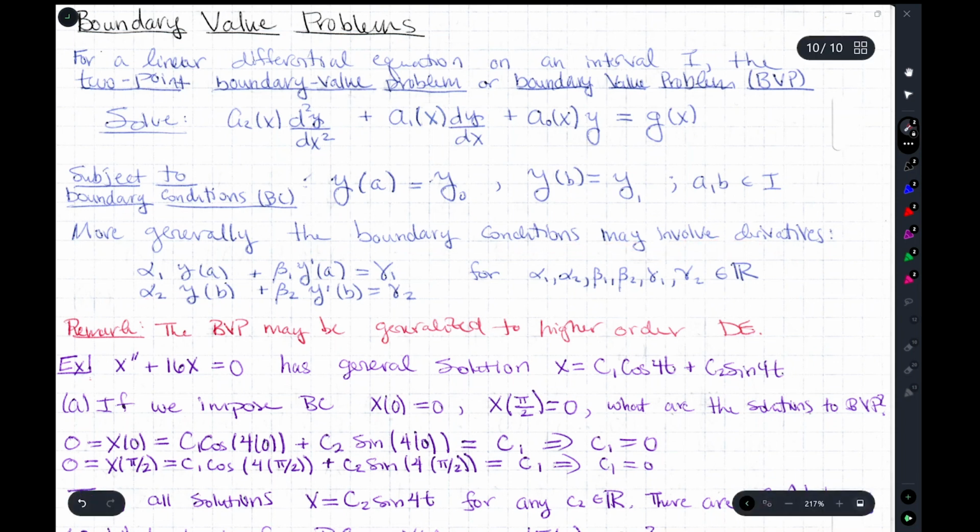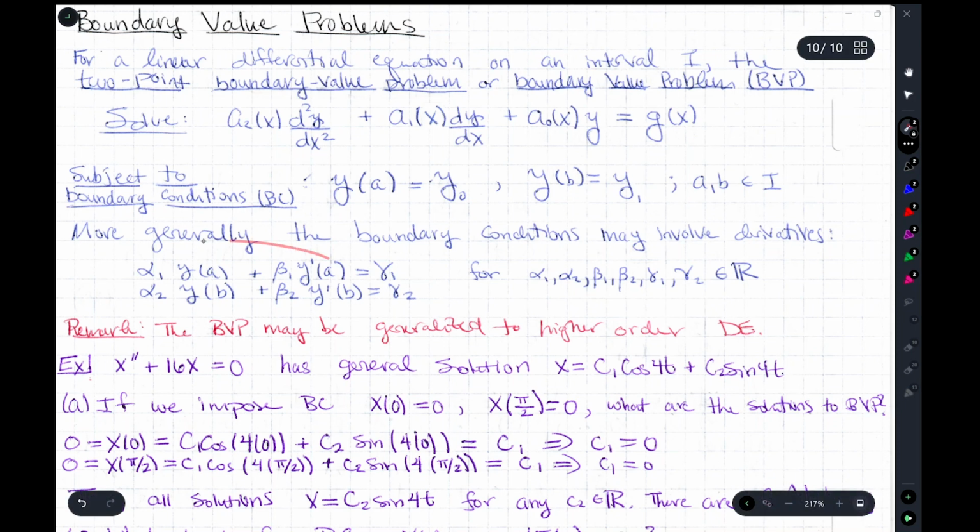More generally, you could have a mix of derivatives and the function to specify your boundary condition. So more generally, it'll look like this, where alpha 1, alpha 2, and all of these are constants. If you set the betas to 0, then you're in this territory. You could set the alphas to 0, and then you would be specifying, say, the velocity at two different points.